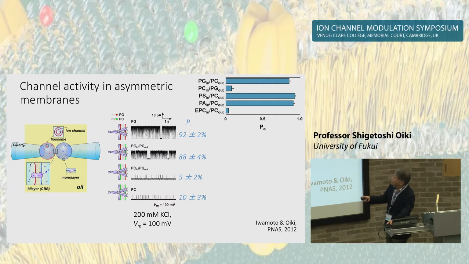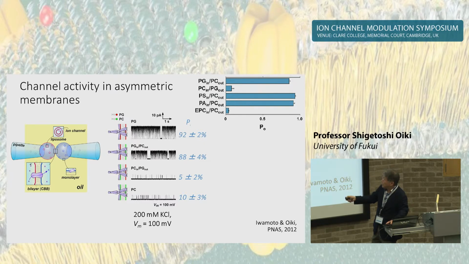And when the inner leaflet, you see, this is a cytoplasmic domain, so this is inside, the cytoplasmic side. If the inner leaflet is PG, then the channel open probability is about 90%.